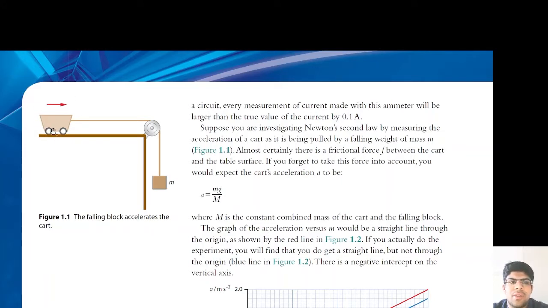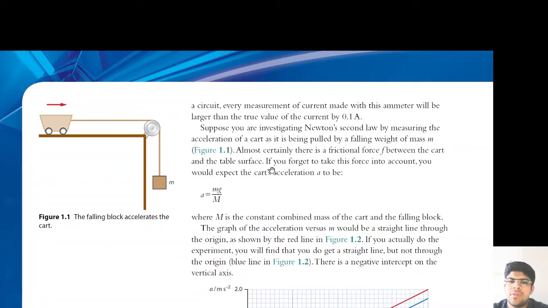This is the cart with the two wheels, and if we drop this block, due to its weight it will move down, shown by the downward arrow, and then the cart will move in this direction, like the arrow pointing here. Almost certainly there is a friction force F between the cart and the table surface, this wooden surface.